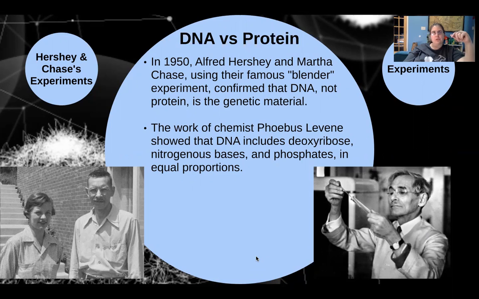So it was a 1-to-1 ratio. For every one deoxyribose sugar, there was one nitrogen base and one phosphate. So if there were 10,000 deoxyribose, then there would be 10,000 bases and 10,000 phosphates.